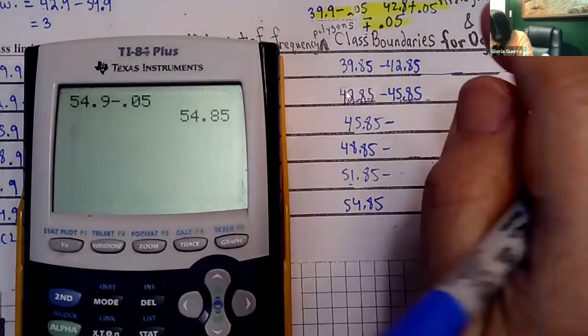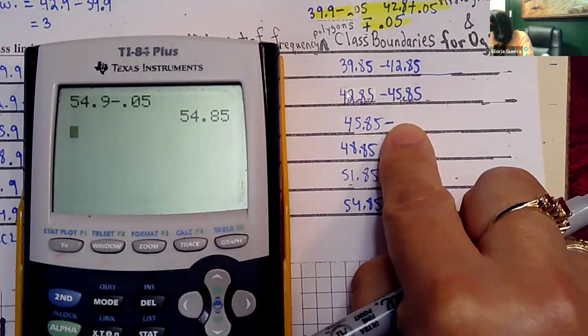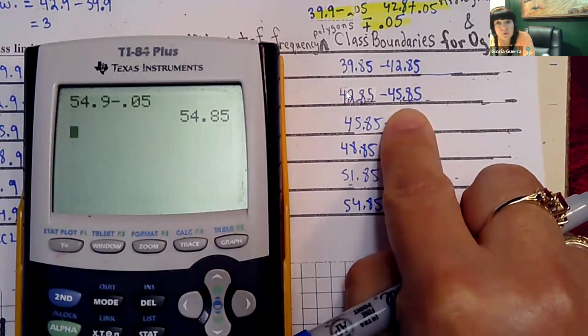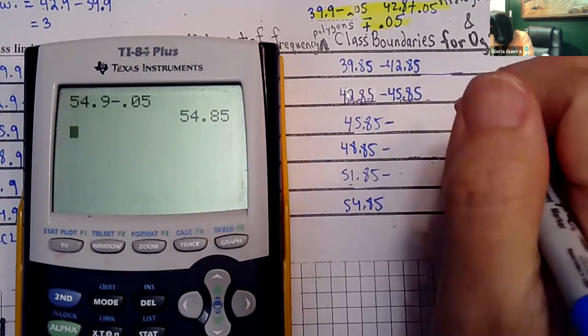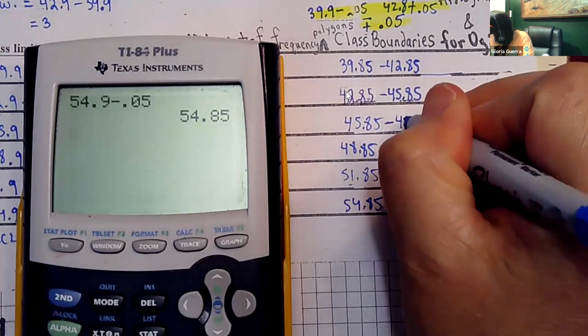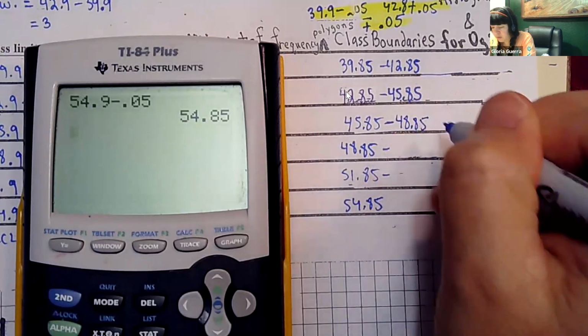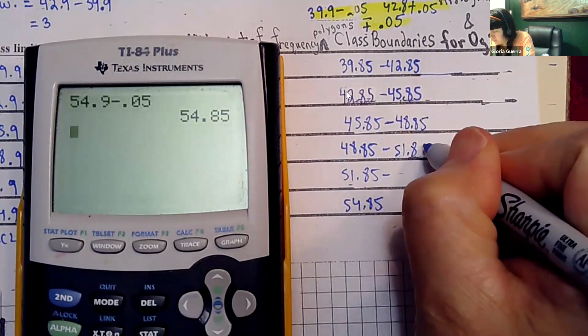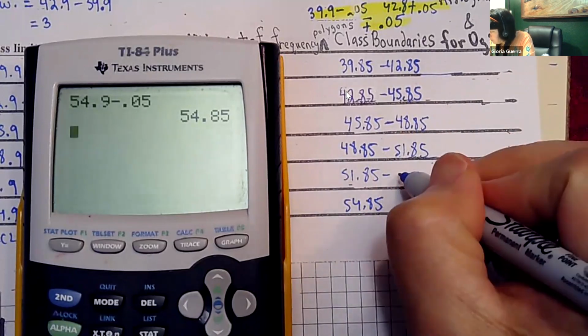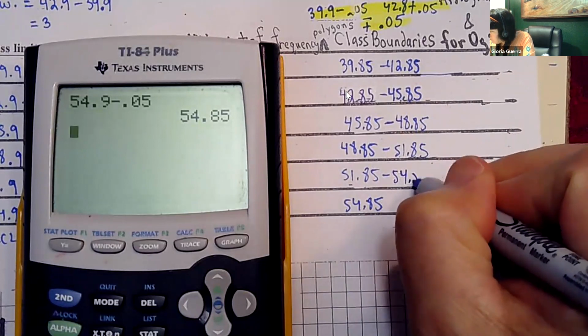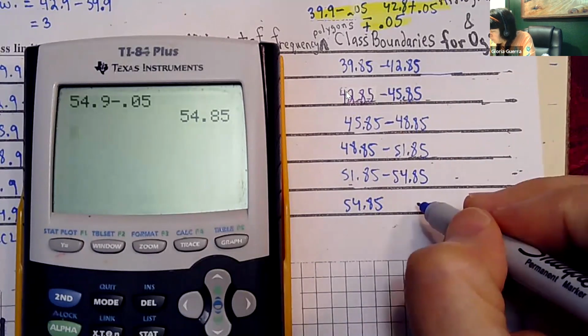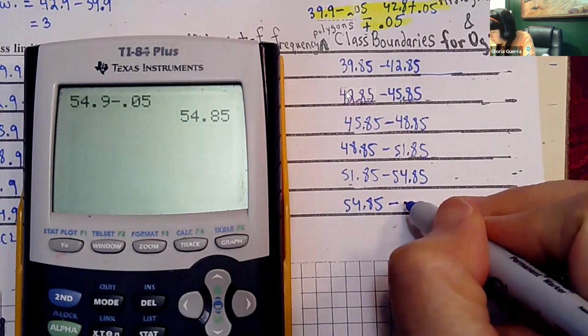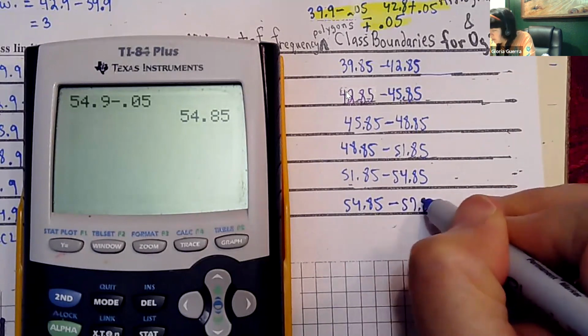But then here, if I want to continue with these, I just add 3. So 45.85 plus 3 is 48.85. 48.85 plus 3 is 51.85. 51.85 plus 3 is 54.85. And 54.85 plus 3 is 57.85.